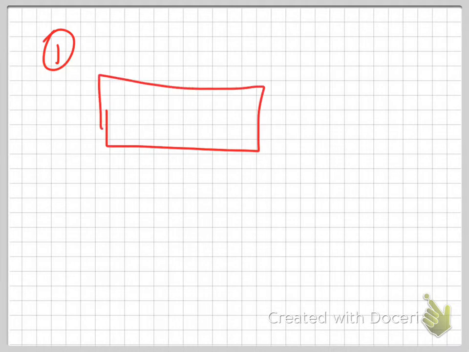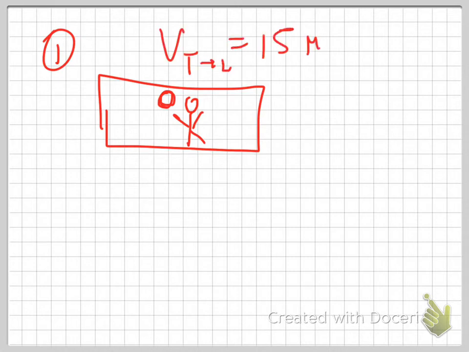We'll do number 1 together. So this is number 1 on page 109. We have a train and we have a person. Passenger at the rear of a train, which is traveling at 15 meters per second relative to the Earth, throws a baseball. So the train, velocity of the train with regards to Earth is 15 meters per second that way.